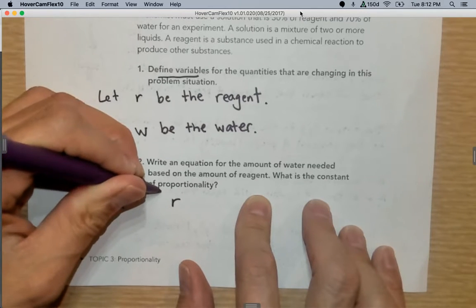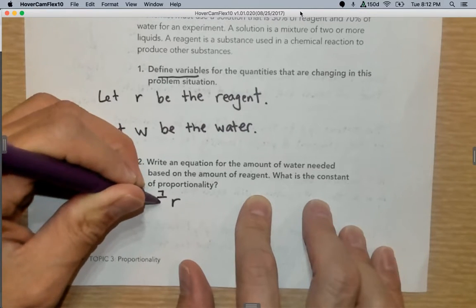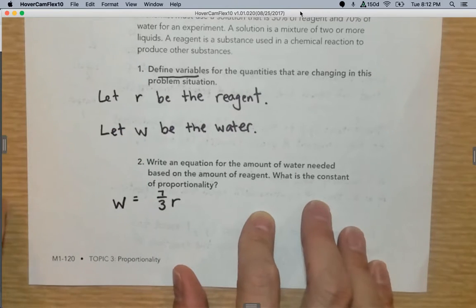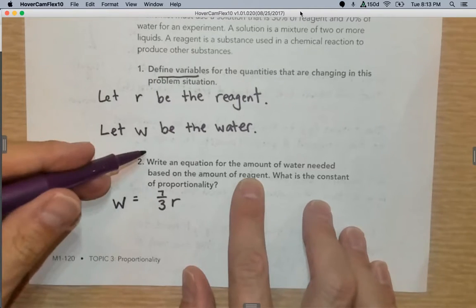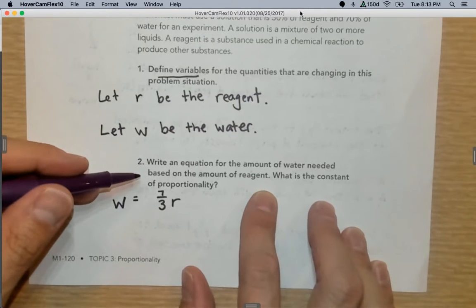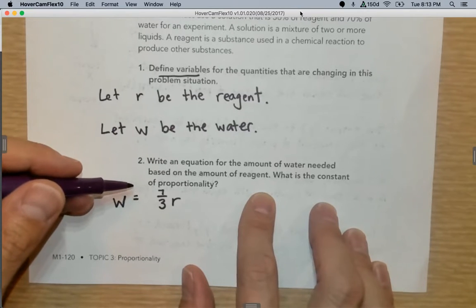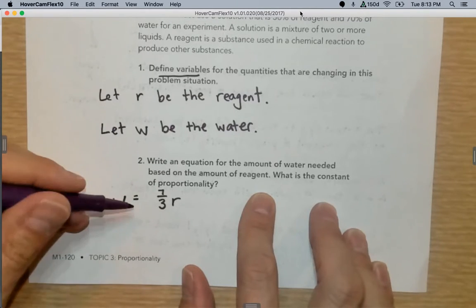And so I would have it be 7/3 times R equals the amount of water. Okay, water that is needed is going to be 7/3 times R.